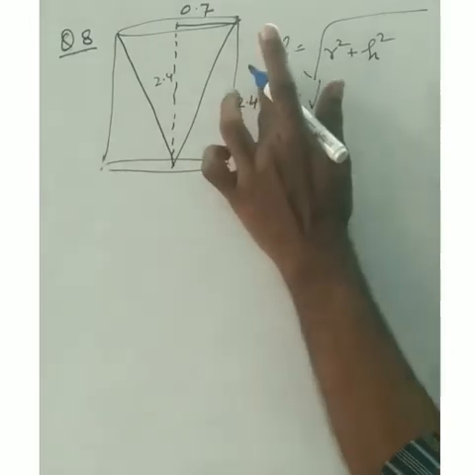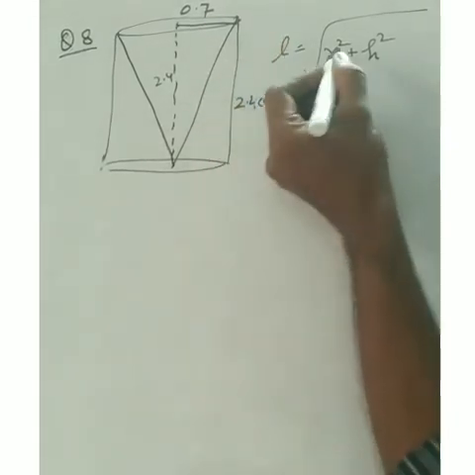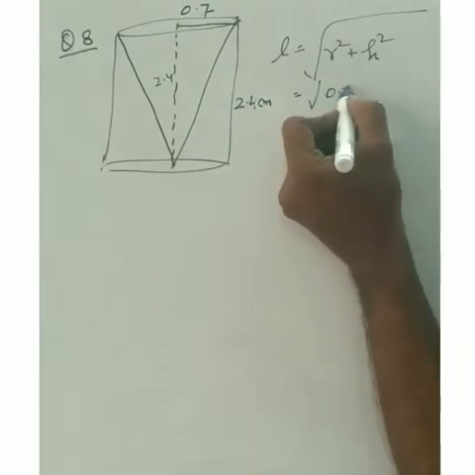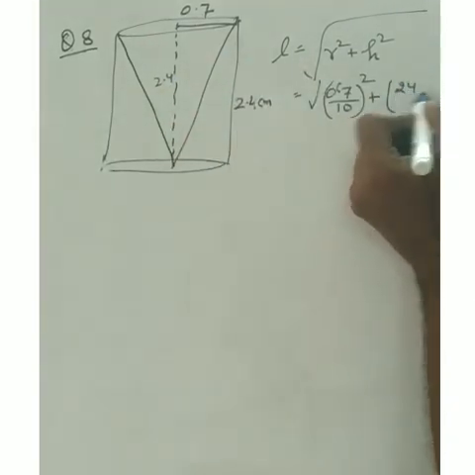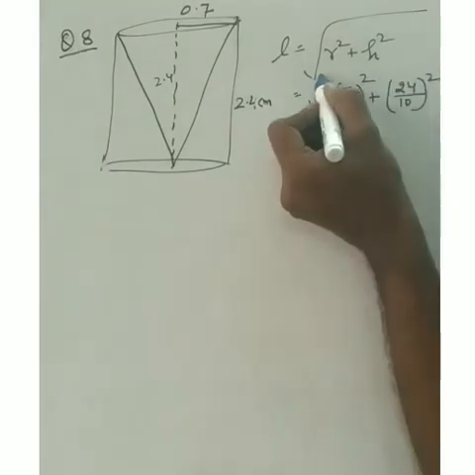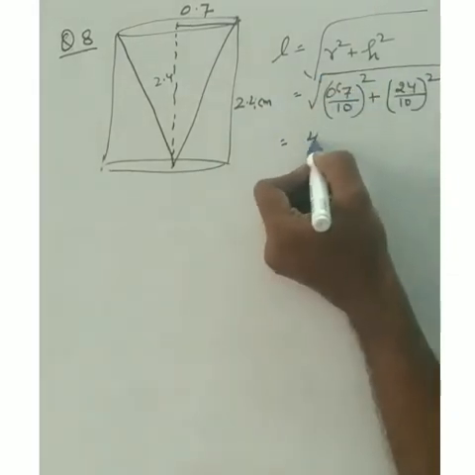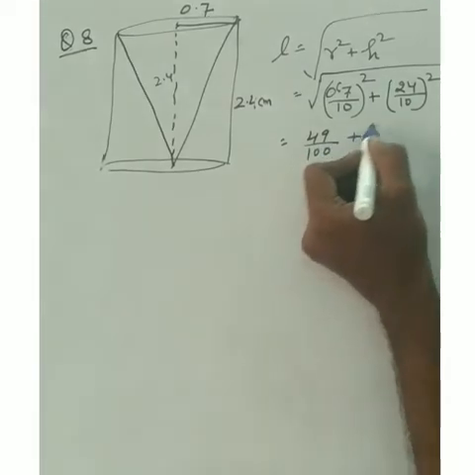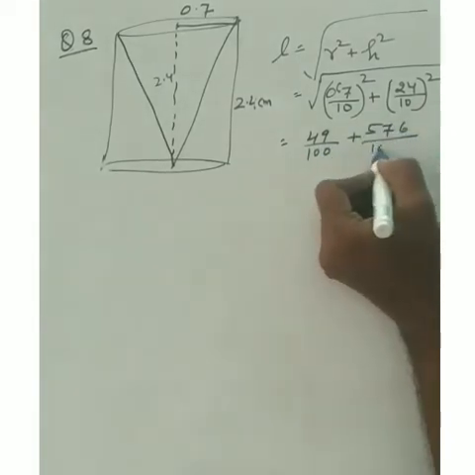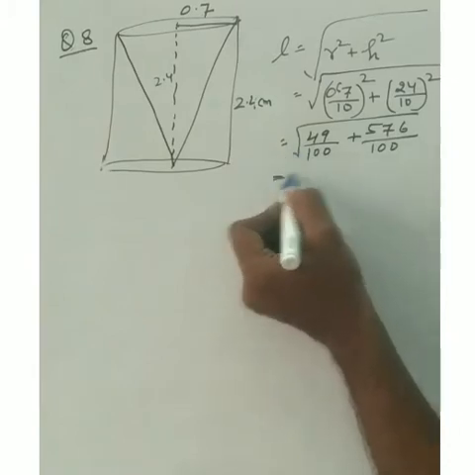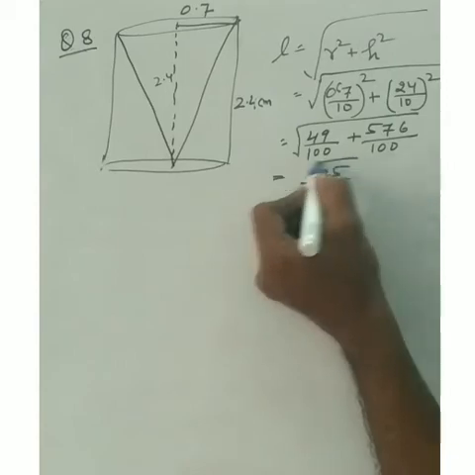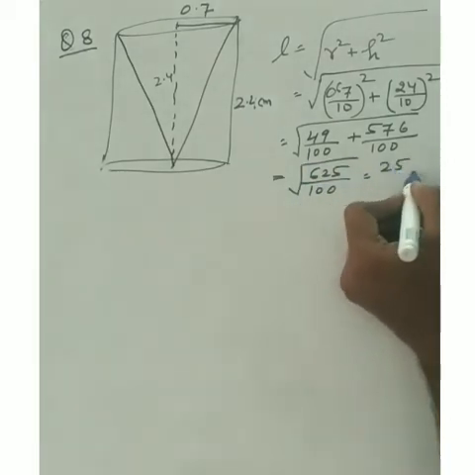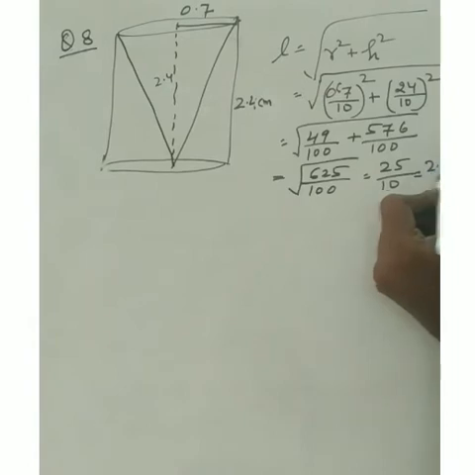Root of R square. R is 0.7, means 7 upon 10 whole square. H is 2.4, means 24 upon 10 whole square. 49 upon 100 plus 576 upon 100, 625 upon 100, which is 25 upon 10, 2.5.